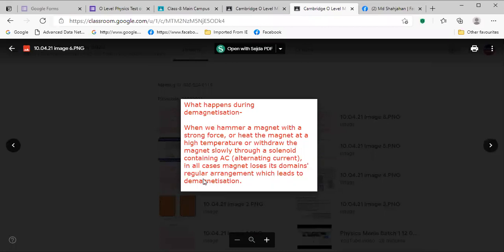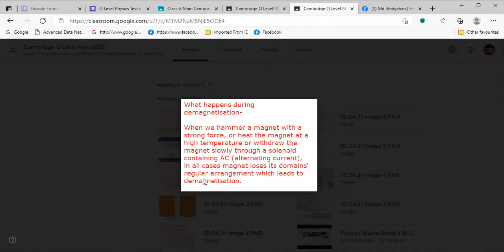When we hammer a magnet with a strong force, or heat the magnet at a high temperature, or withdraw the magnet slowly through a solenoid containing AC, AC means alternating current. In all cases, the magnet loses its domains' regular arrangement, which leads to demagnetization.